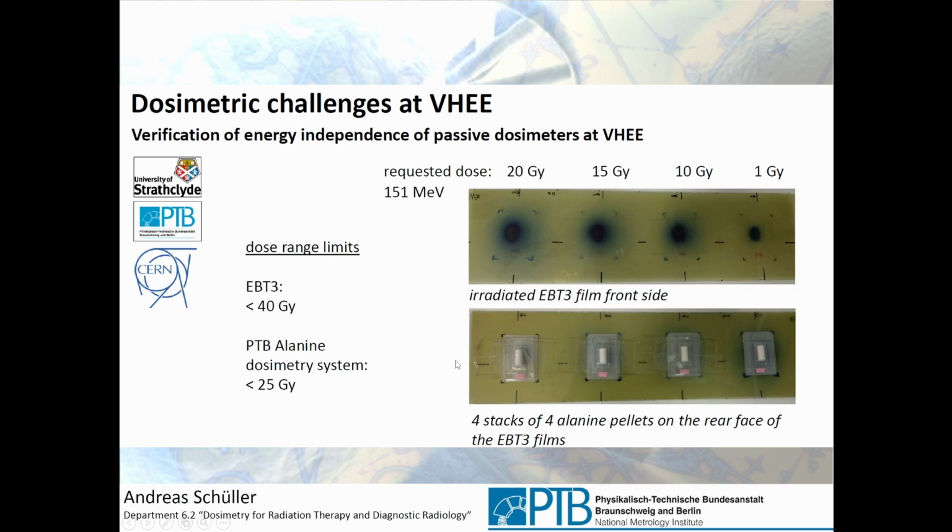People are also using alanine systems in which electrons' properties in molecules are affected by the dose being delivered. So it's another way of measuring the dose, but once again, it doesn't happen in real time.